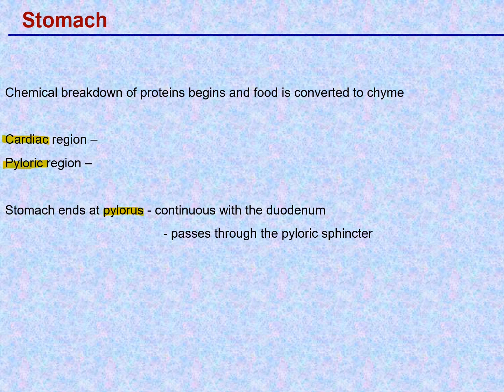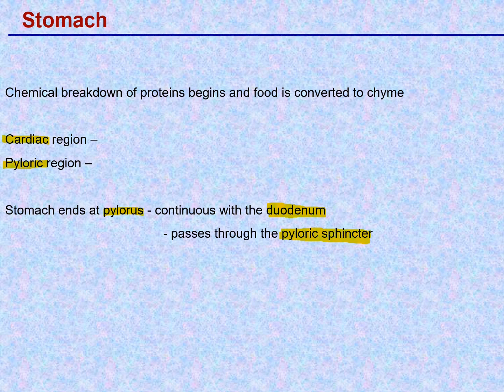By the way, the duodenum is the first region of the small intestine. There's an area at the junction between the stomach and the duodenum which has a thicker wall, and that's the pyloric sphincter.